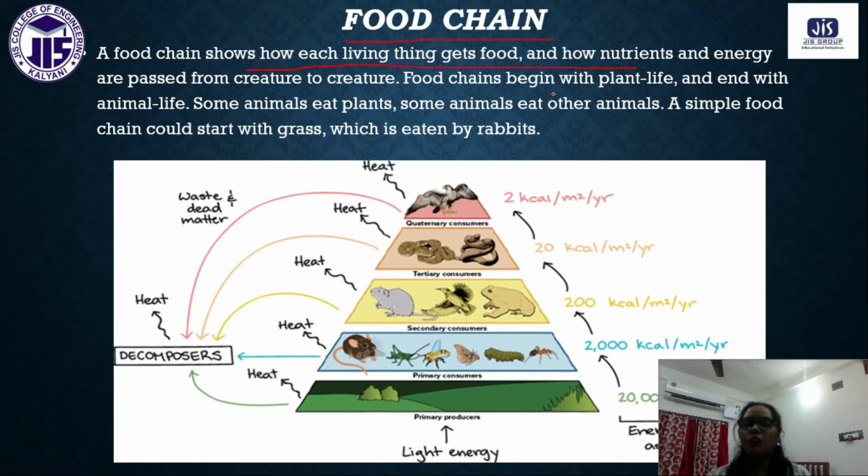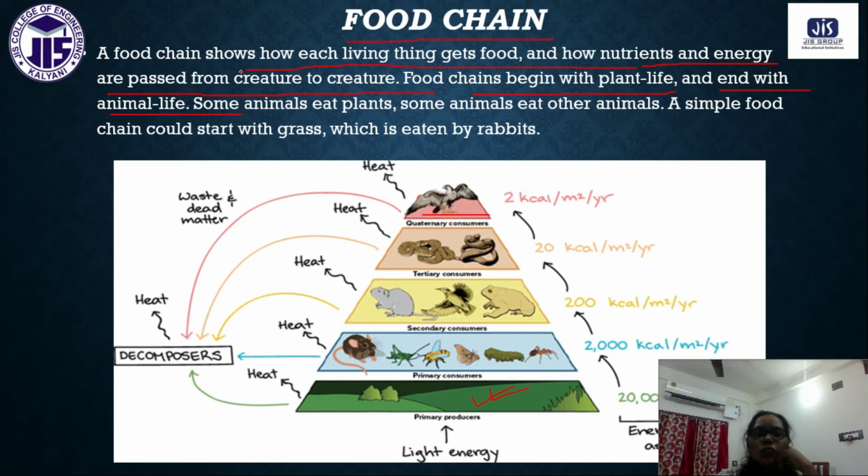So you can see this is the food chain, the food pyramid, how nutrients and energy are passed from creature to creature. Food chain begins with plant life. The bottom layer is for the producer. That means all types of green plants belong to this category, and it ends with animal life, the carnivores.